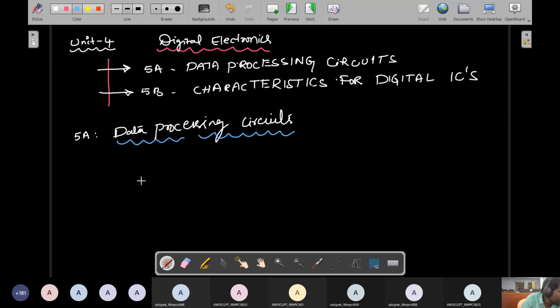Generally, data processing circuits are of two types: combinational circuits and sequential logic circuits.